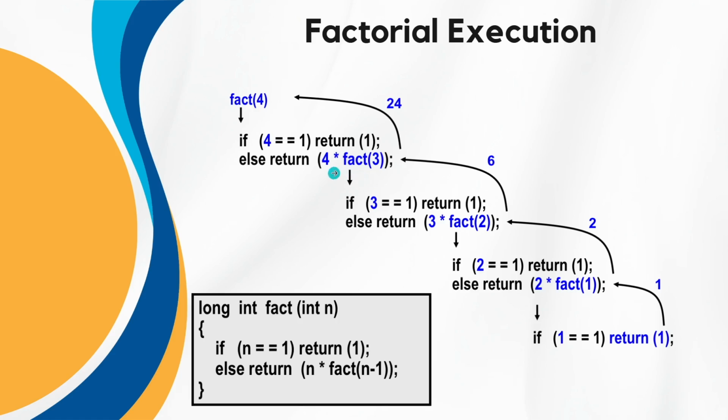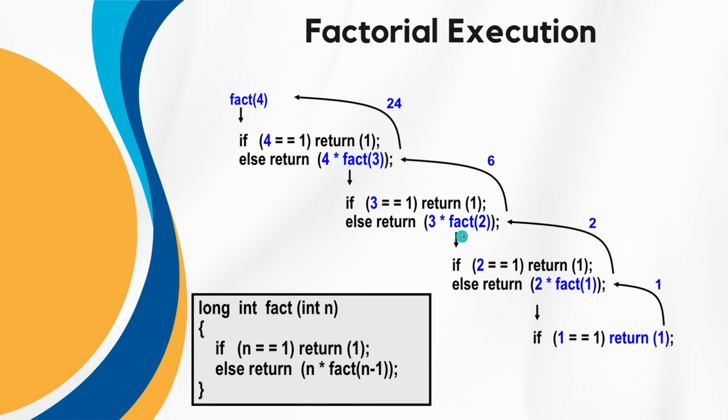So as such, this function has not returned a value successfully, rather it would stack the value 4 star fact of 3 in a stack. So in the next case we have 3 star fact of 2. In that case also the function cannot return anything, just because the computation is not complete at this moment. So this should also be pushed onto a stack.